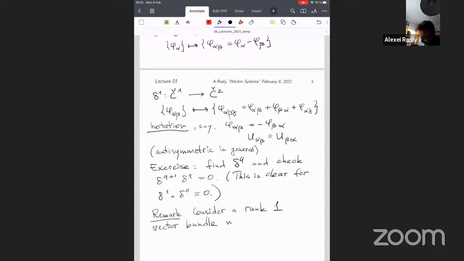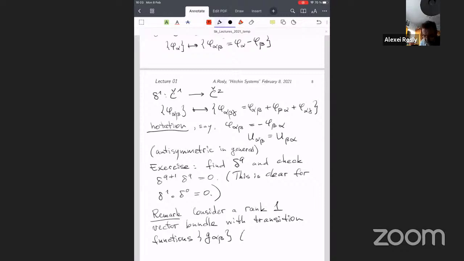With transition functions, or defined in terms of transition functions, or vice versa. Anyway, with transition functions G alpha beta, we have a set labeled by 2 indices.